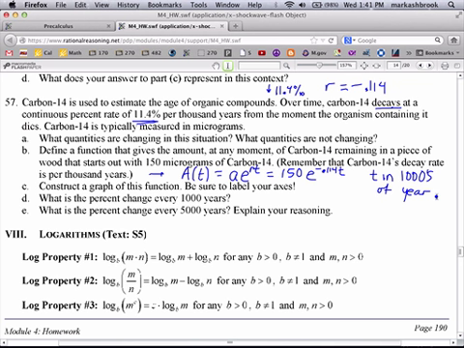So even though our t is in thousands, it doesn't mean that this function is only going to give these moments in time. Oh, just decay, right? Sorry.